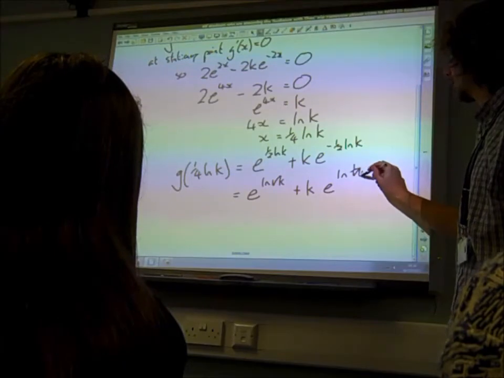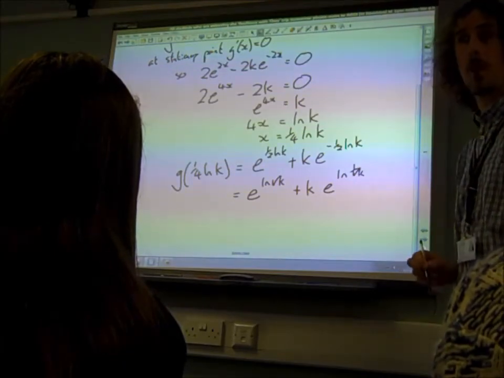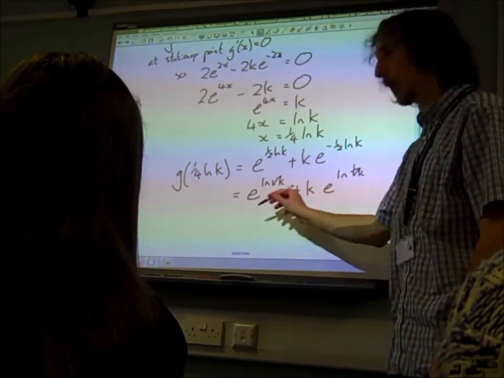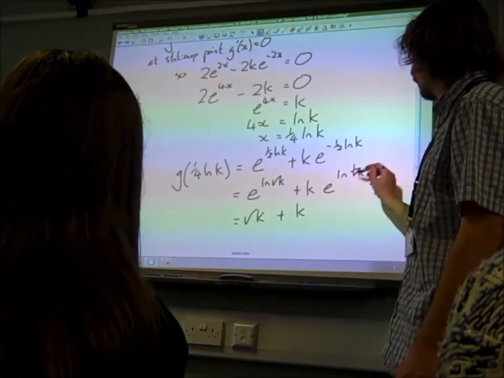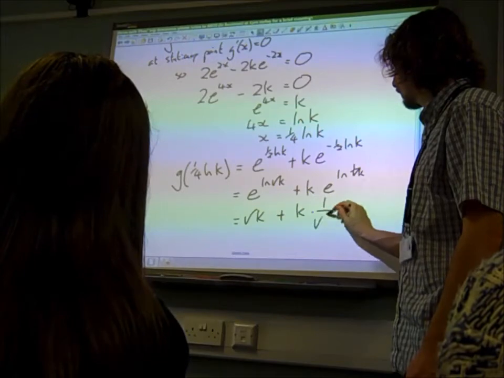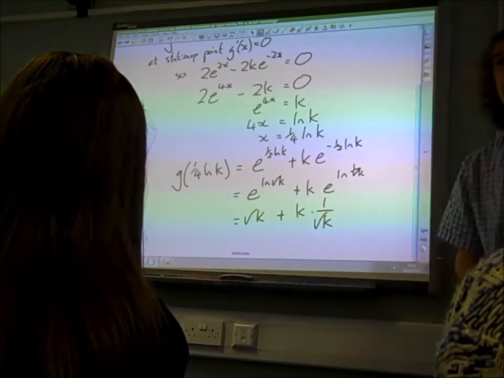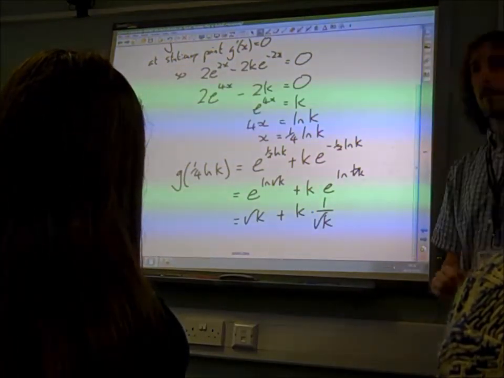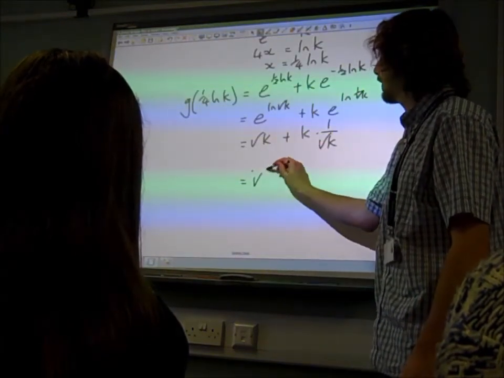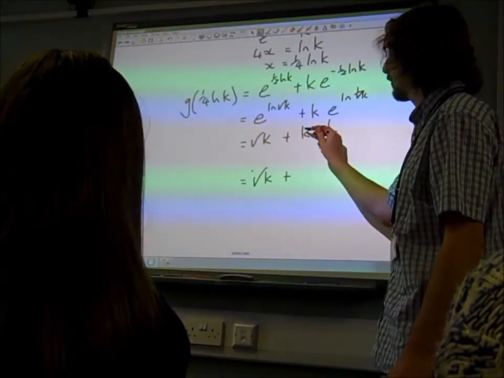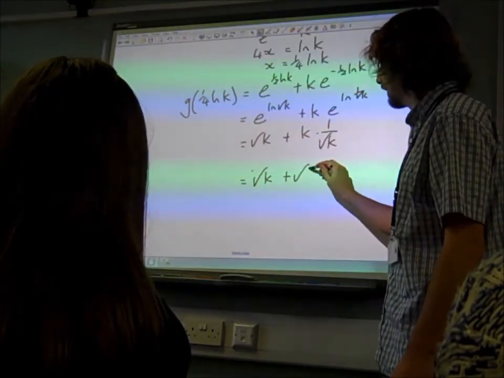So that's 1 over root k. So we've got e to the natural log of root k, which is root k, plus k times 1 over root k. And that's root k plus k over root k, which would be root k.